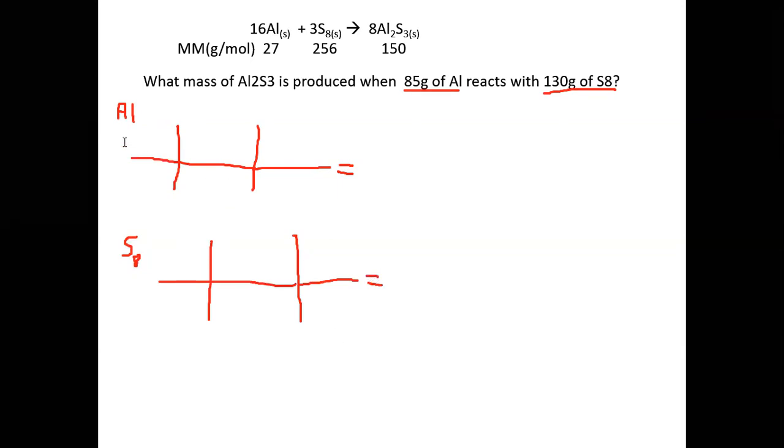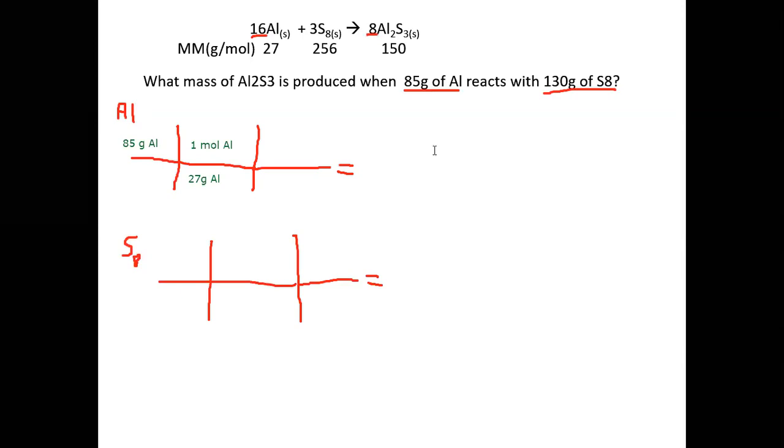So we start with aluminum. We have 85 grams of aluminum. We're going to convert it to moles by dividing by the molar mass. Now the mole ratio here is 16 moles of aluminum gives us 8 moles of aluminum sulfide.